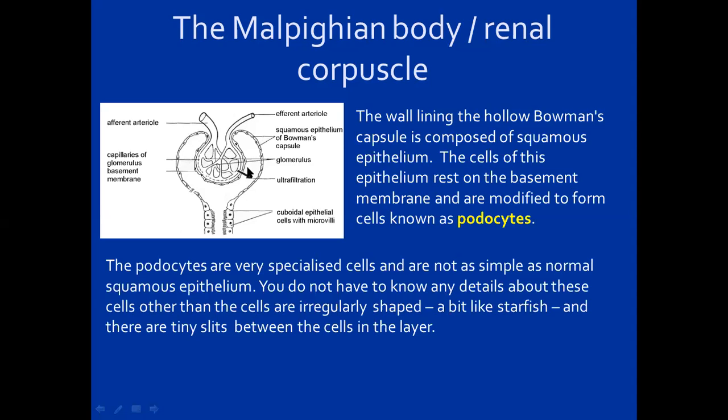So what is the filter here is the two layers of basement membrane. The fibers of the basement membranes are so close together that they act as a filter. Only very small molecules can pass between those fibers and go from the blood in the glomerulus to the space in Bowman's capsule. So it's very important that you know that what acts as the filter is the basement membranes.